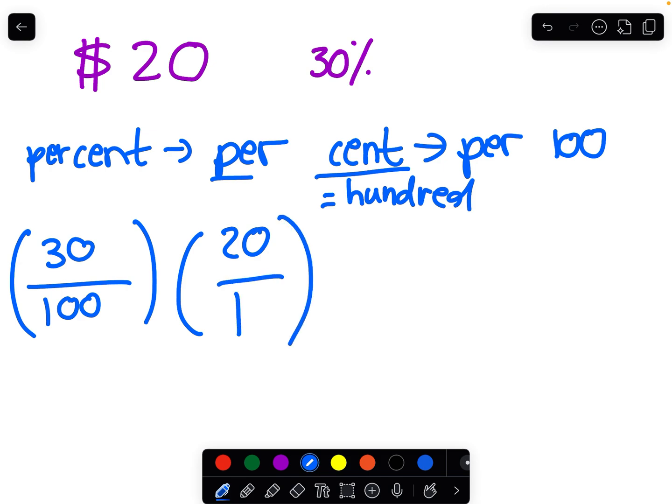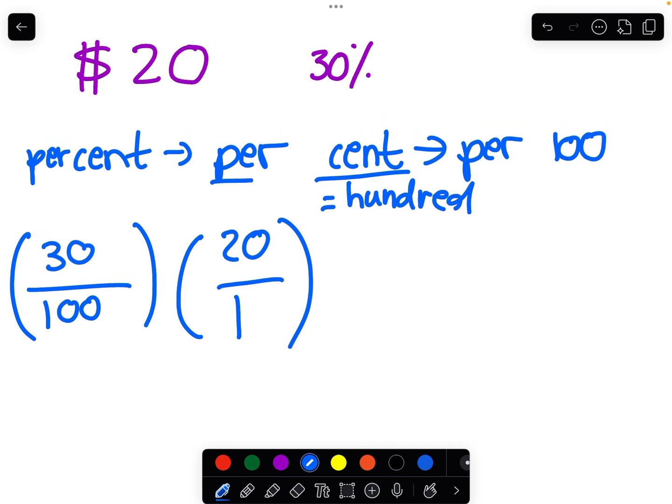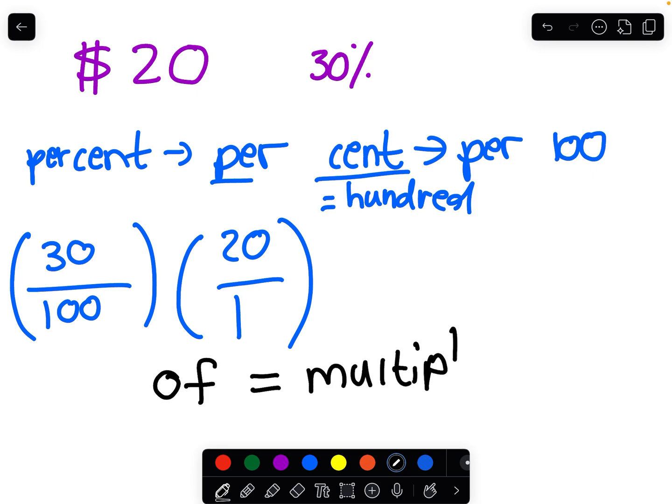Now, you may be asking yourself, why do we multiply? I want to remind you, or tell you if you don't already know, that the word "of" in math almost always means to multiply. If we want to know what 1/3 of 8 pieces of pizza is, we multiply 1/3 times 8.